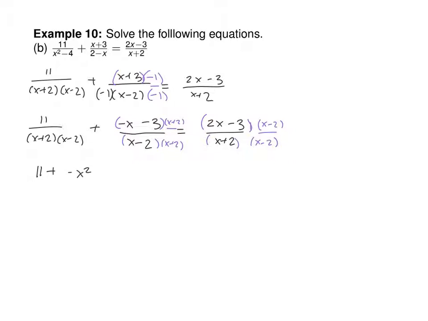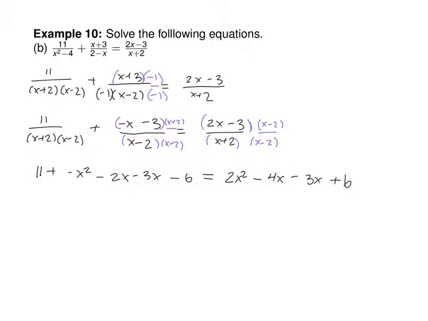-x squared minus 2x minus 3x, which is -5x. Yep, you're right. And then minus 6, great, equals 2x squared minus 4x, great, minus, plus 6, good.